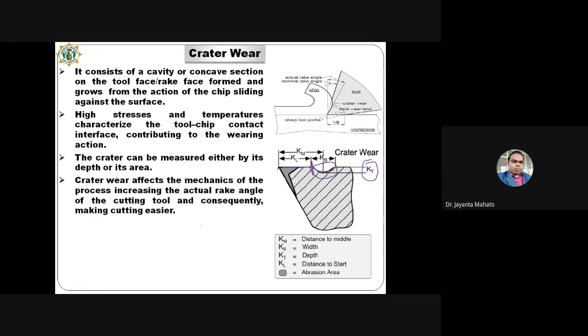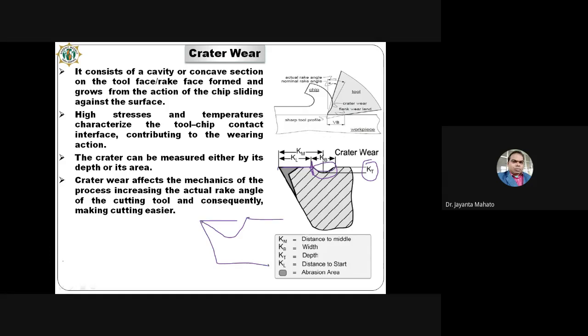This crater wear affects the mechanics of the process, increasing the actual rake angle of the cutting tool and consequently making cutting easier. In this case the rake angle will increase. So how does the rake angle increase? This one is the rake angle.